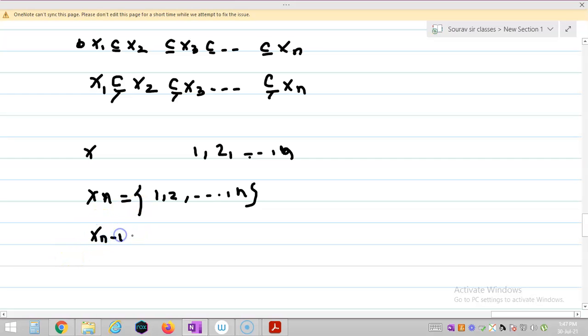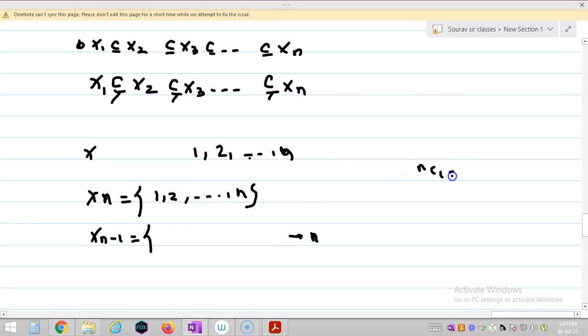So xn minus 1 contains n minus 1 elements, so you can discard one element among these n elements. So there are nC1 choices, that is n choices.